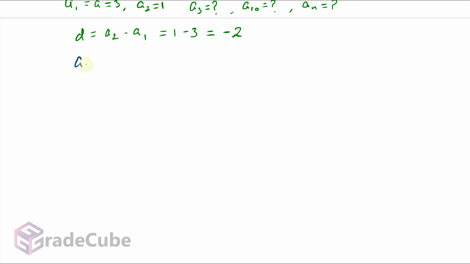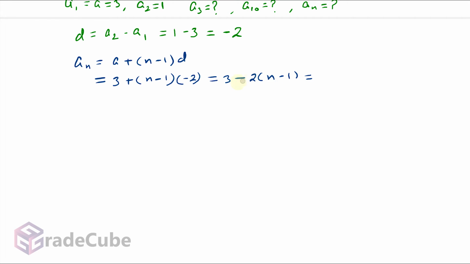Now an is a plus (n minus 1) d. Let's put values of a and d in this equation. We get 3, a is 3, plus (n minus 1) into d, which is minus 2. It is equal to 3 plus (minus 2) into (n minus 1).